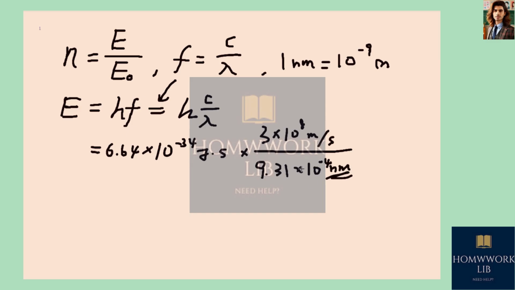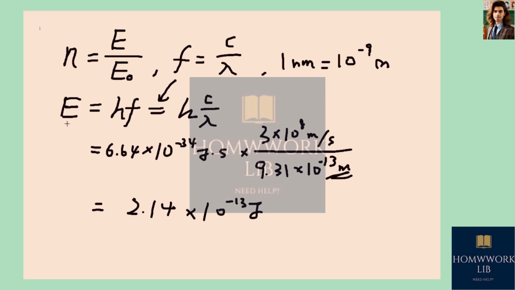So here we simply have 9.31 times 10 to the negative 13 meters. Then calculation gives us this E to be 2.14 times 10 to the negative 13 joule.